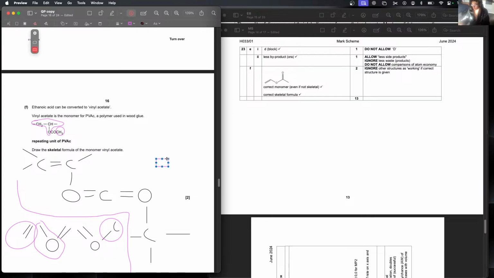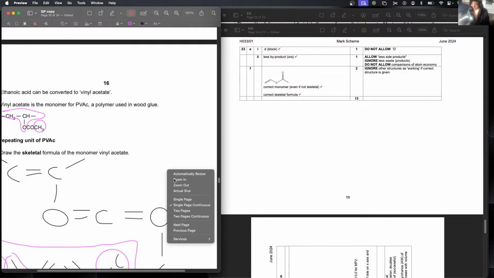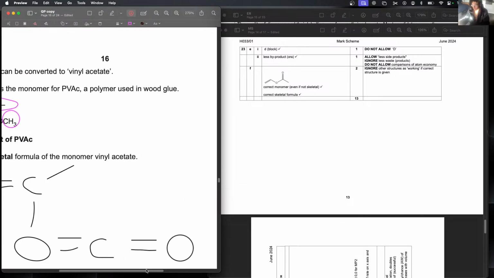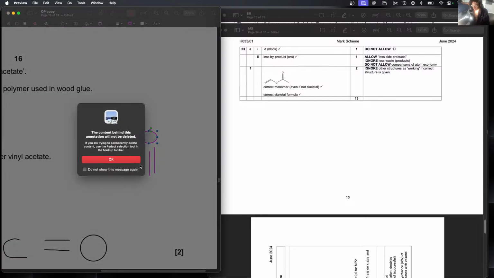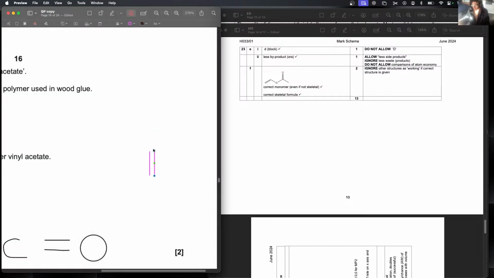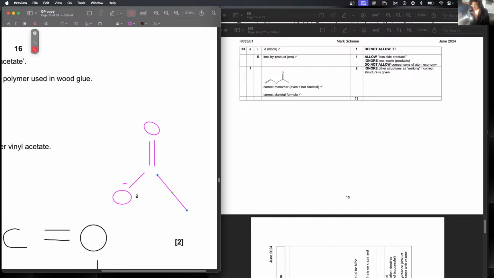So with a correction, this is what I would do. Hold on, let me just zoom in. This is what I would do. So I would know it's double bonded to an O, which is then bonded to an O minus, which is then bonded to that.